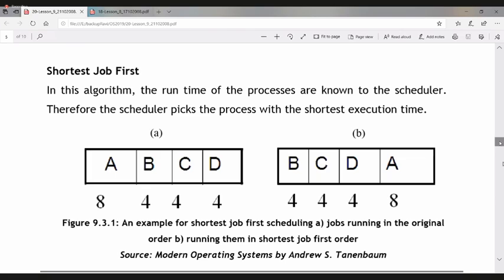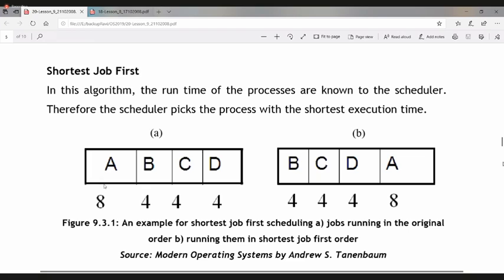The name indicates you have to select the shortest time-consuming job and give it the first chance, so faster ones can go early. In this algorithm, the runtime of the processes is known to the scheduler. The scheduler must know the runtime of each job, therefore the scheduler picks the process with the shortest execution time.